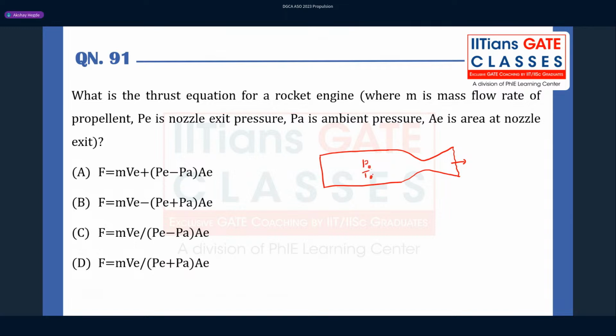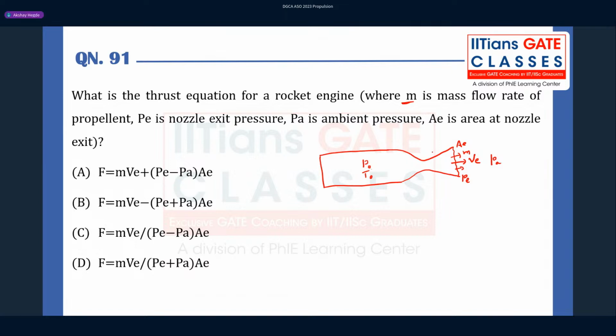The combustion chamber properties are P naught and T naught, the nozzle exit area is AE, the nozzle exit plane pressure is PE, and the ambient pressure is PA. The velocity at which the propellant is expelled out of the nozzle, let us call it VE, and the mass flow rate of the propellant is M, as denoted in the problem.